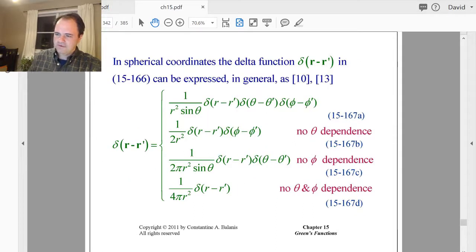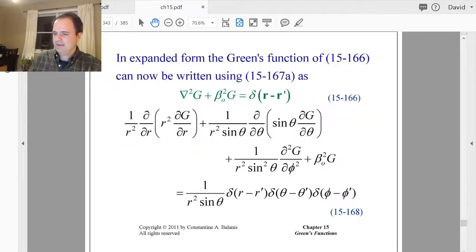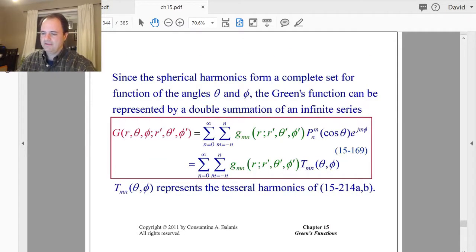In spherical coordinates, the delta function is equal to this, depending on the dependencies on theta, phi, and r. And in expanded form, the Green's function can be written as this, where we express the del squared operator in its proper spherical coordinates.